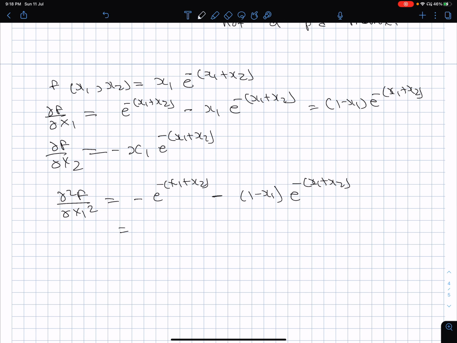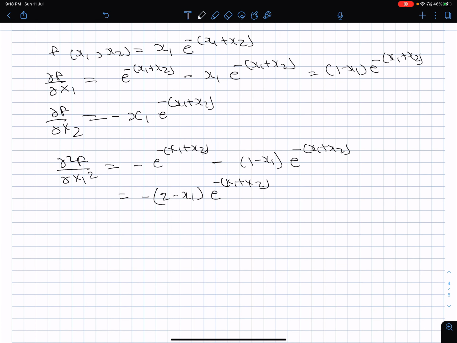So you will get (2 minus x1) into minus of e to the power minus of (x1 plus x2). Is it not? So this is what you are going to get.